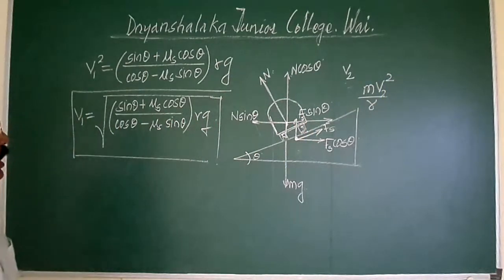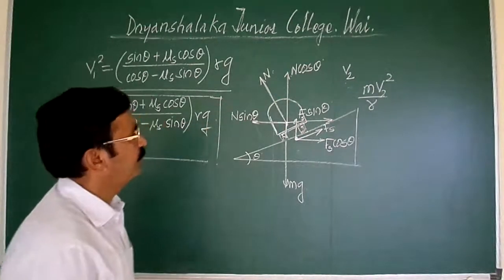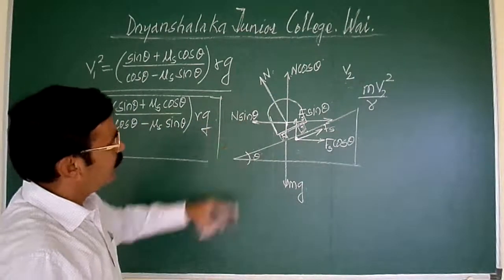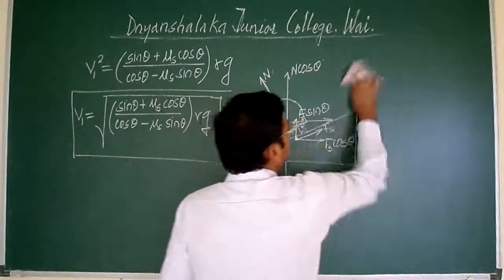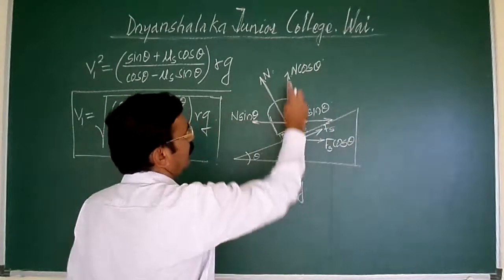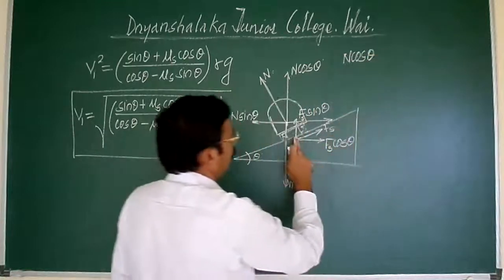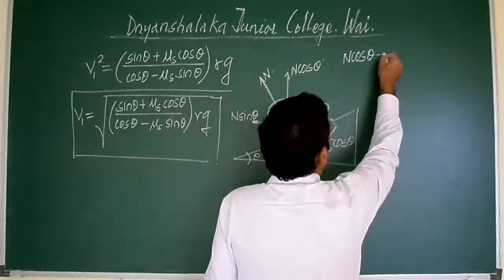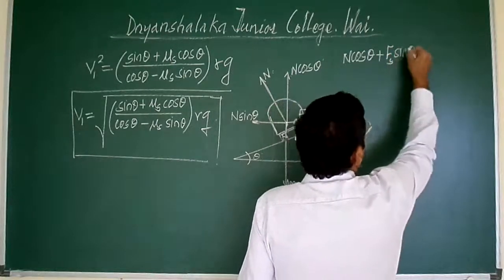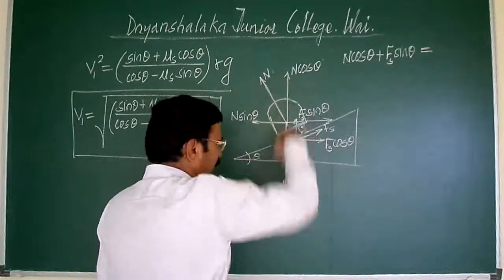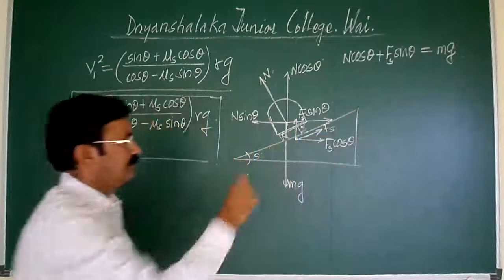And so, if we are going to resolve all these forces, the forces which are acting in upward direction are n cos theta plus Fs sin theta, and these two forces are balanced by mg, weight of the vehicle.